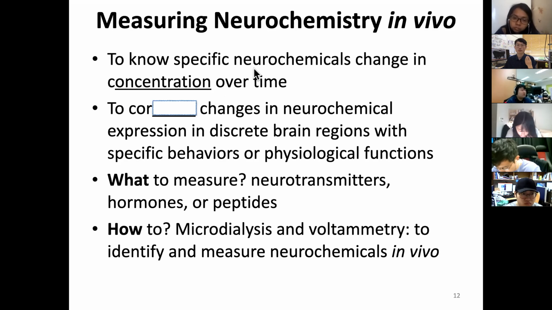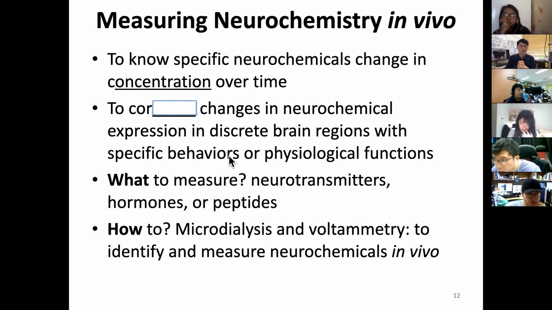So what we do is look at neurochemical expression in discrete, specific brain regions when there's a specific behavior or physiological function, let's say giving the animal a stressor, like giving fear, then you want to check specific neurochemicals before and after.